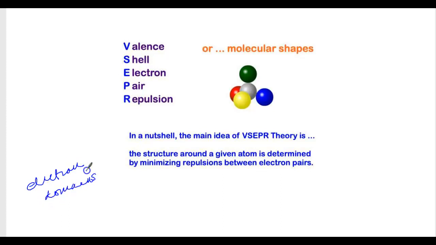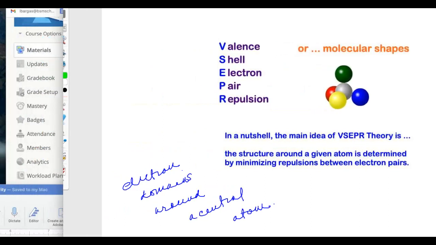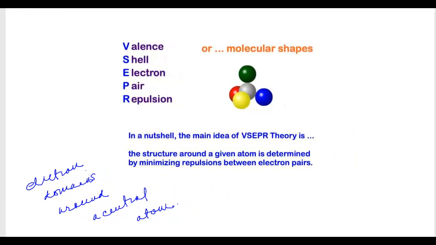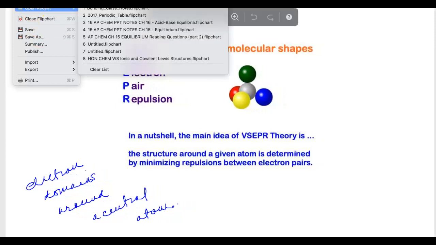Okay, I don't know if you've kind of surmised that yet or not, but it's the number of electron domains around a central atom that gives a molecule its 3-dimensional shape. Okay, now what I would like you to do is, while I'm not going to be there for at least the first hour, I want to go through, let me pull this up.